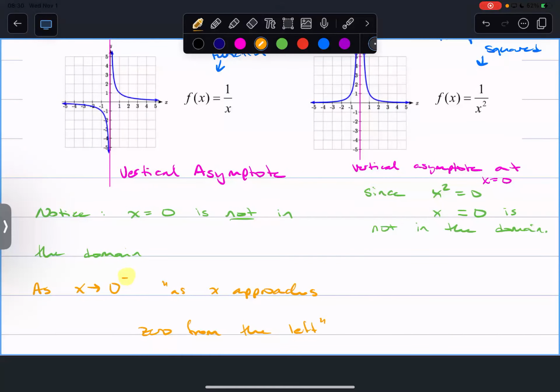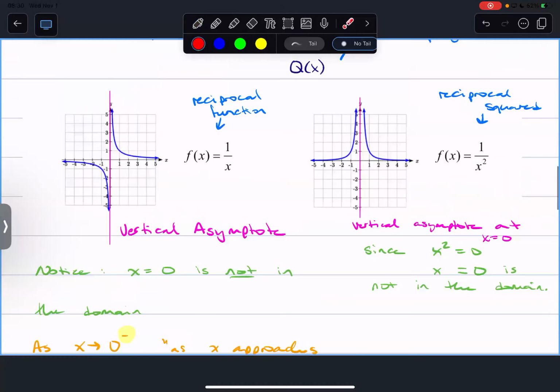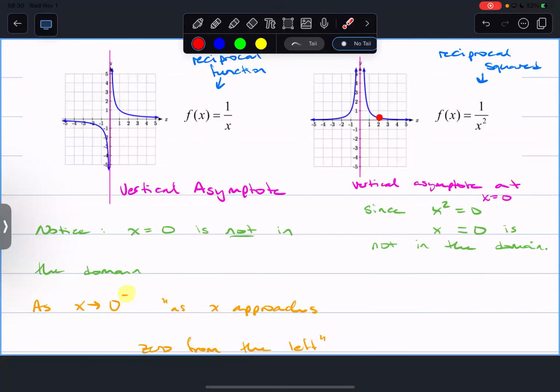Let's do the same thing. So as we approach this vertical asymptote or the thing that's not allowed in the domain, right, then we can approach it from the left and we can approach it from the right. And so we can do the same thing, but in both situations here, they're just going to go to infinity and they're never going to touch x equals 0 because they can't.